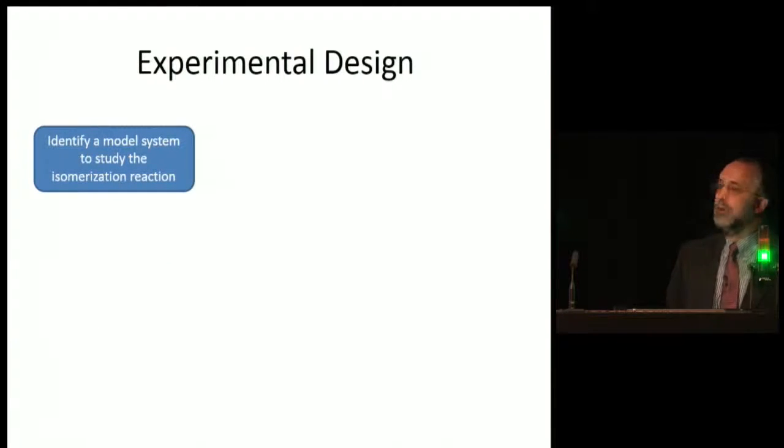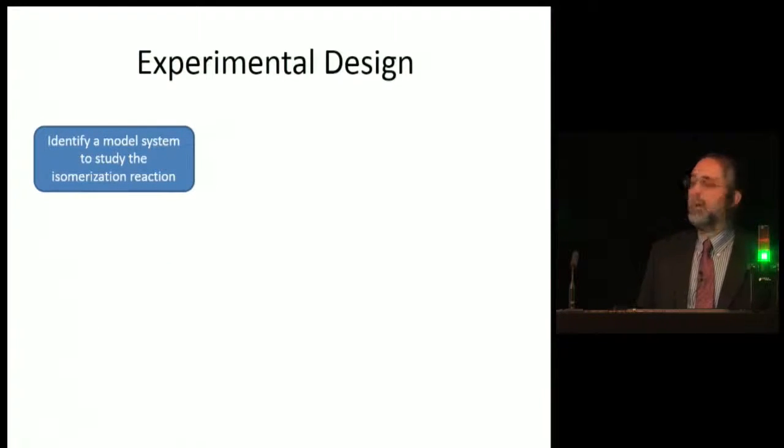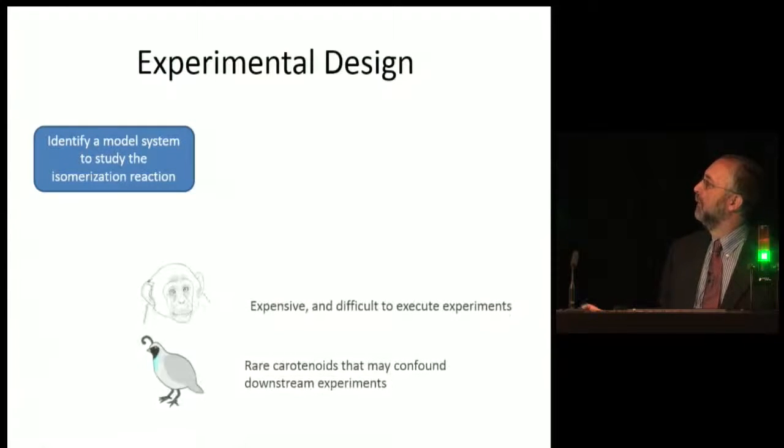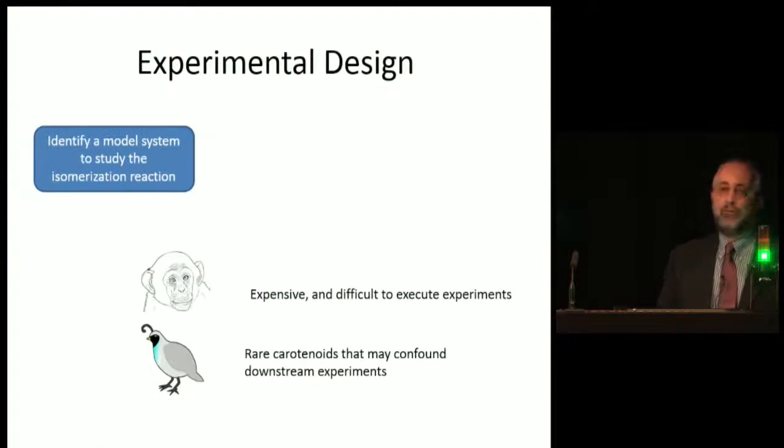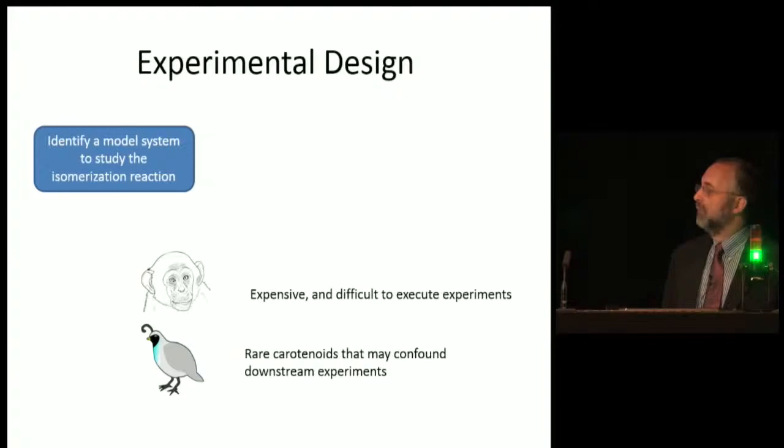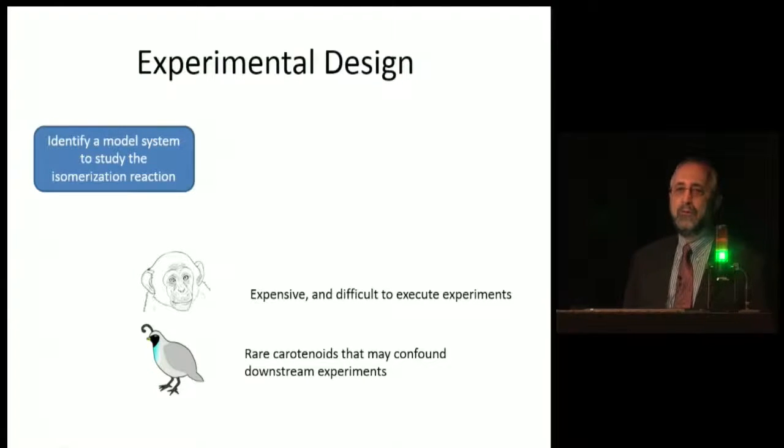So we needed to identify a different model system, or a best model system, to try to get at this better than what we had now. That's because monkeys, as we know, are very expensive and difficult to do these sorts of experiments. And the quails, although a pretty good system, we found in analyzing the carotenoids in their eyes that they had a fairly complicated array of carotenoids in addition to lutein, zeaxanthin, and mesozeaxanthin.